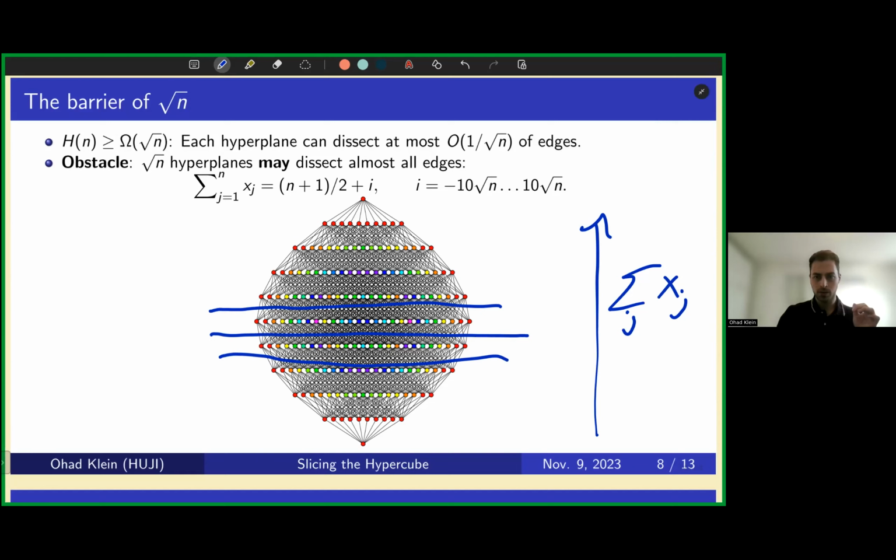Now, if we use about square root of n middle layers, such square root of n hyperplanes, then we can dissect 0.99 of the edges. And this is unfortunate because we want to say that only n hyperplanes are sufficient, but even such a small number of hyperplanes can dissect almost all edges.